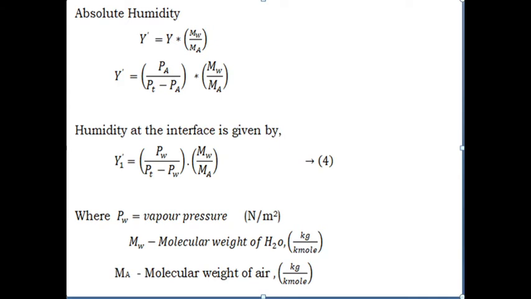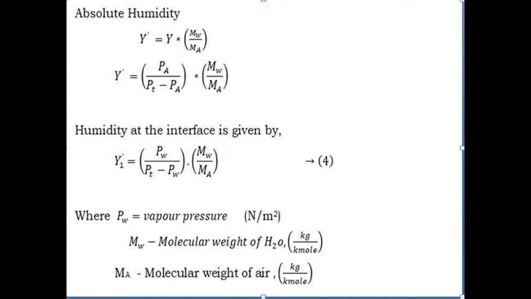Why? Because at the interface the vapor is present, so instead of the partial pressure we are going to use the vapor pressure. So Y1 dash is equal to capital Pw divided by Pt minus Pw, into Mw by Ma. This is the fourth expression.